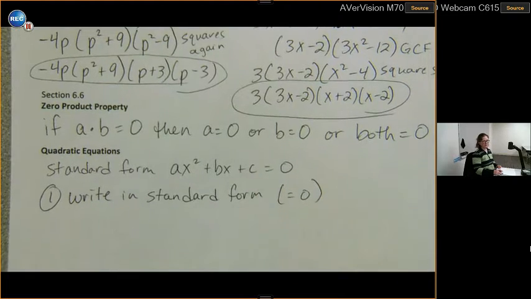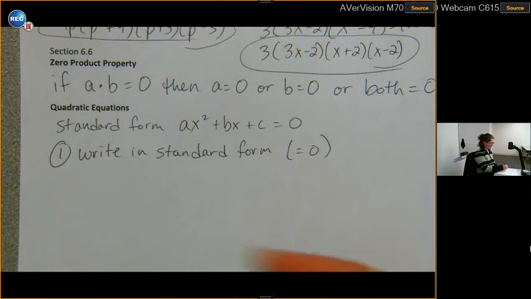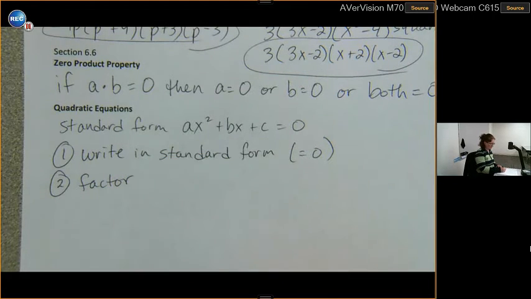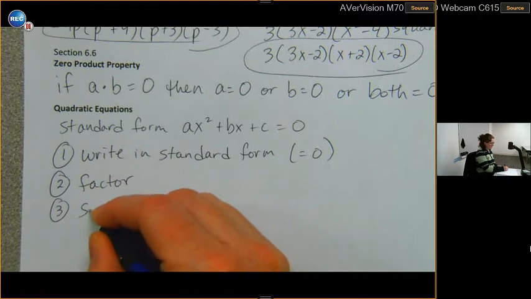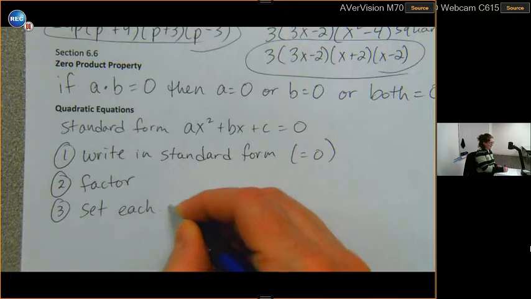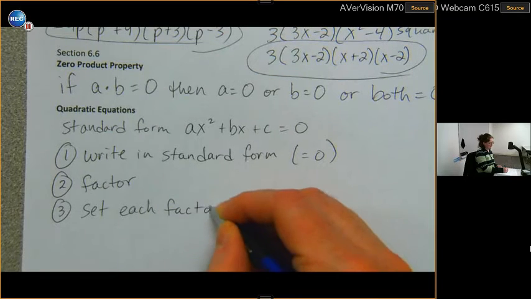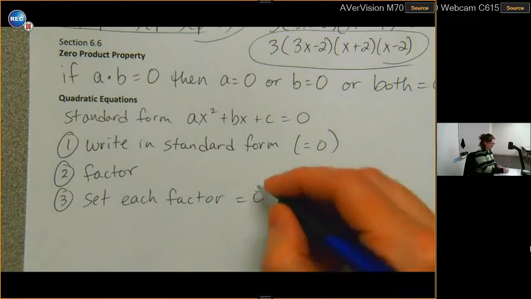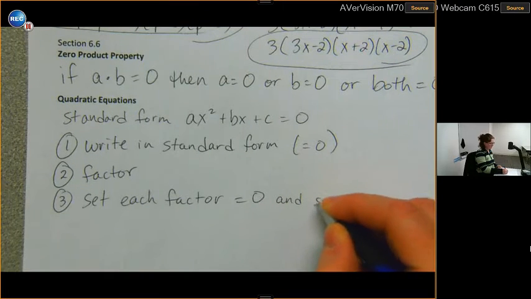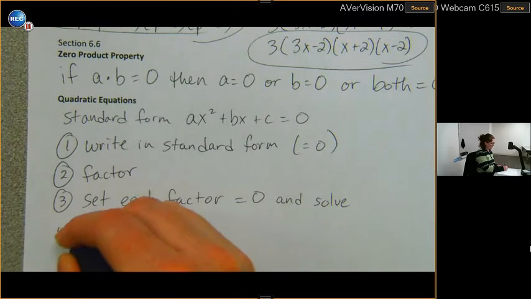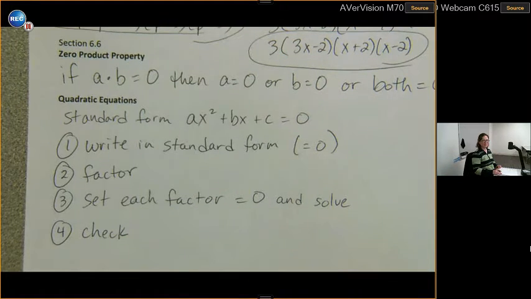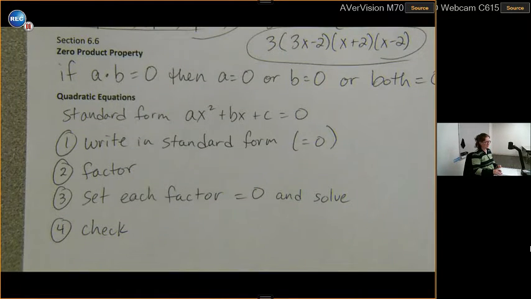Key indicator there is if it's equal to 0. Then we factor. Then we set each factor equal to 0 and solve. And then finally, we can check our answer. Just check by substituting back into the original problem to see if it's true.